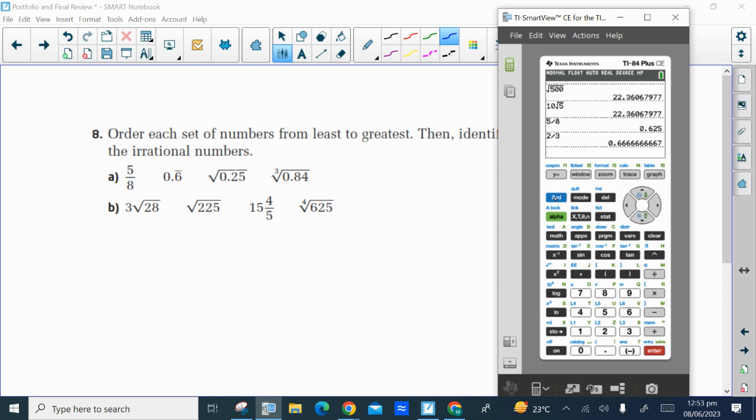The next one is the square root of 0.25. So if we find out what that is, that's 0.5. So that is a rational number. It is a decimal that terminates. The last number is the cube root of 84. Cube root of 84 is a decimal. It doesn't terminate and it doesn't repeat.